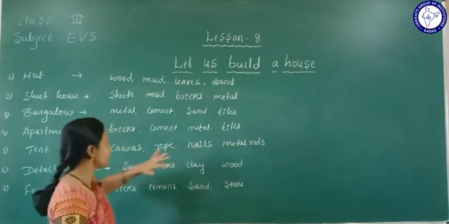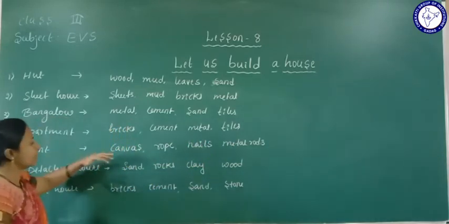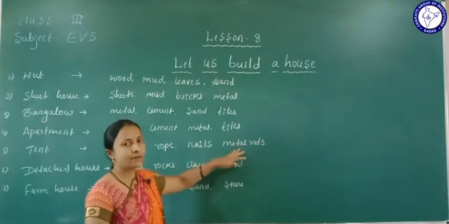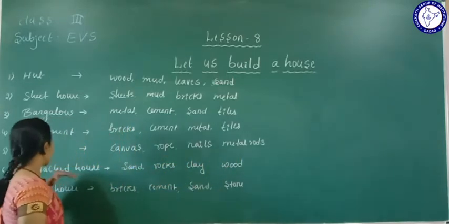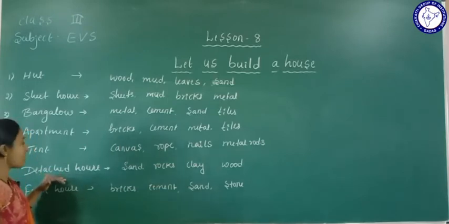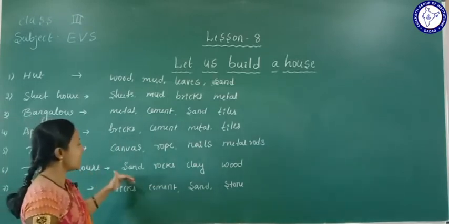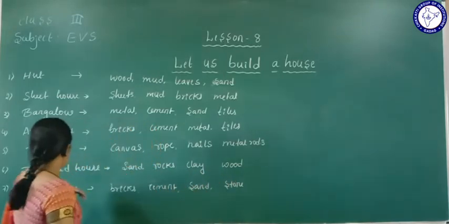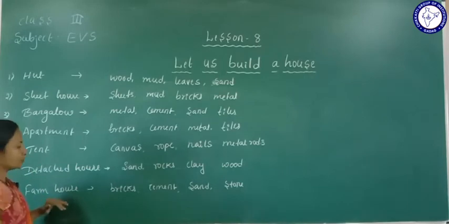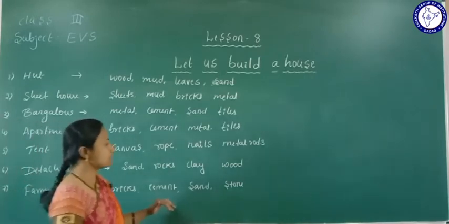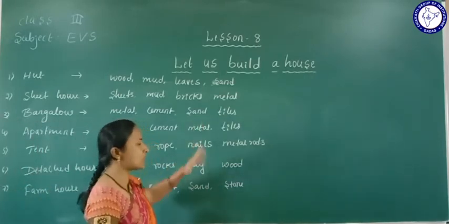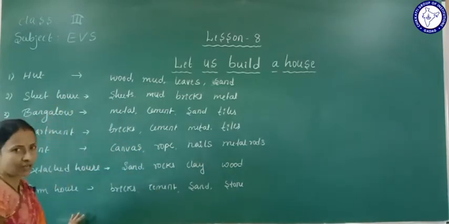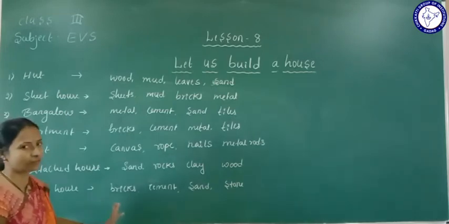The tent: canvas, rope, nails and metal rods. The detached house: sand, rocks, clay and wood. The farmhouse: bricks, cement, sand and stone. So these are all the materials used to build the different types of houses.